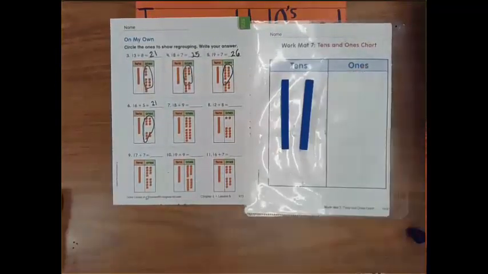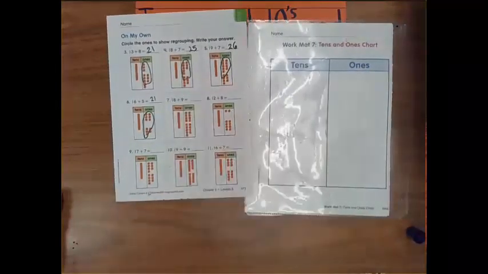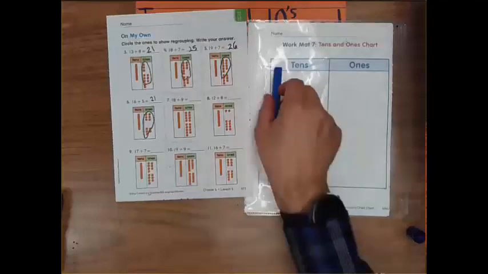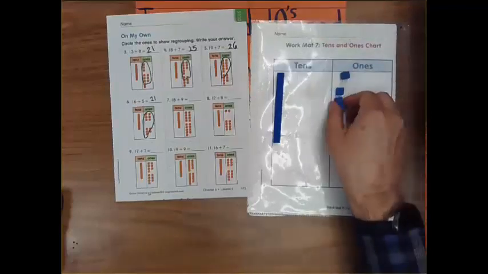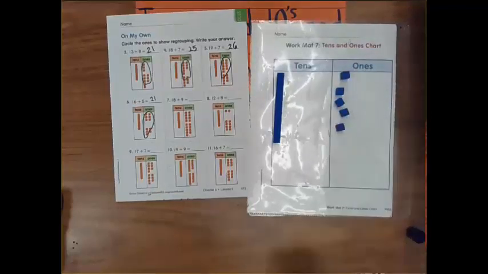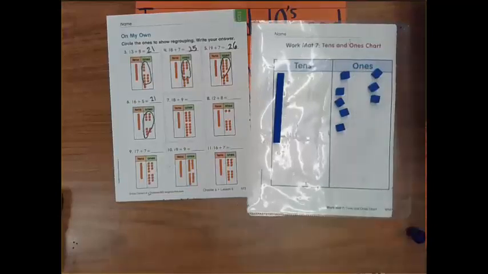Okay, next one. We have 18 plus 9. So 18 is going to be 1 10 stick and then 8 ones. Right?